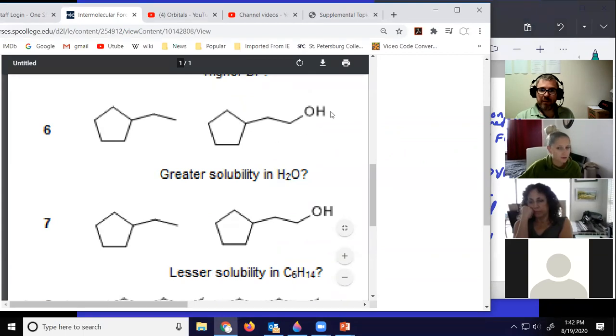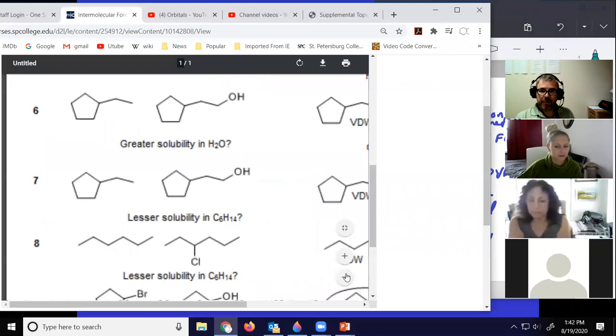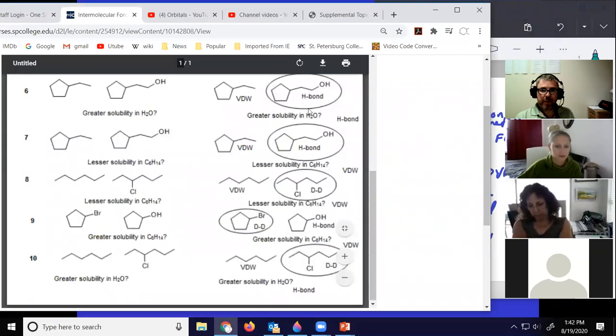It's going to be this one that's hydrogen bonding as well. And that one there is van der Waals. So we're talking about compatibility here. Van der Waals, OH, hydrogen bonding, and hydrogen bonding. So the bottom line is water is hydrogen bonding. This one's hydrogen bonding. So they'll dissolve in each other. Any questions?